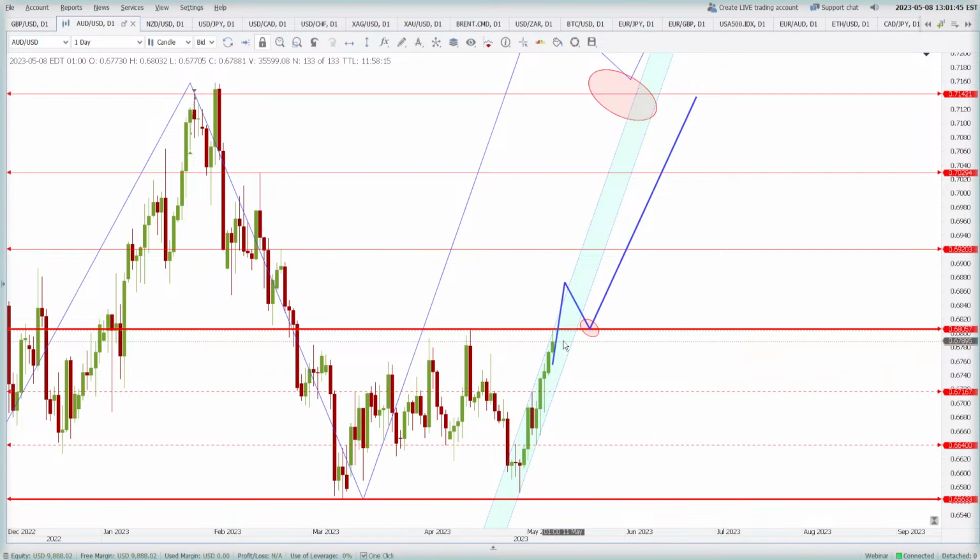Since we don't know that, even if the price goes to 0.6717, we will not be able to buy this market, because we become buyers only when the market structure shifts, and the structure will shift when the price breaks higher than 0.6805. So right now for the Australian dollar, 0.6805 is still the resistance, and 0.6563 is still the support.